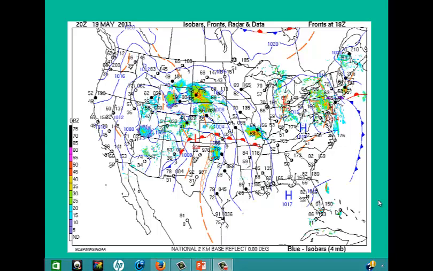Just above it, you'll see a red warm front moving north, and behind it, just below Massachusetts and into the mid-Atlantic states, you'll see an occluded front in purple just above that low pressure system. As we move west, we see another low pressure system with a warm front associated with it moving north, and just southeast of it you'll see just the tip of a cold front that's moving to the southeast.